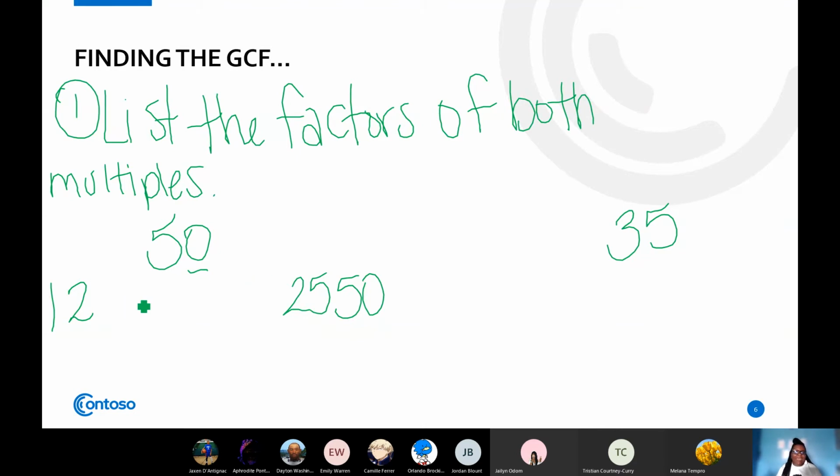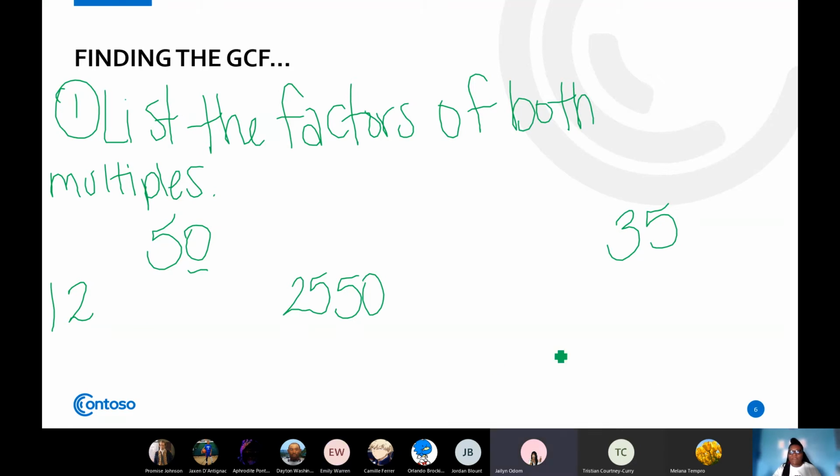Okay, this is not divisible by 3 because these numbers don't add up to divide by 3. This is not divisible by 4. Is this divisible by 5? Yes or no?